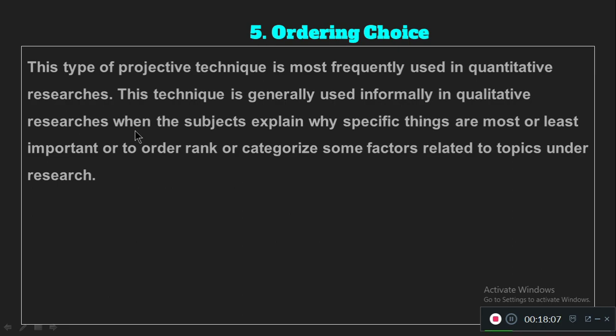So we ask them to arrange the relatives whom they like very much in order from the most liked person first to the least liked person last. So in that order we are asking them to arrange. When they arrange this, we can understand to whom they behave very well, to whose word they obey. So this kind of information we can get from ordering choice.